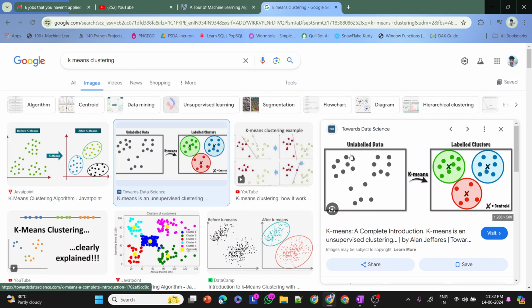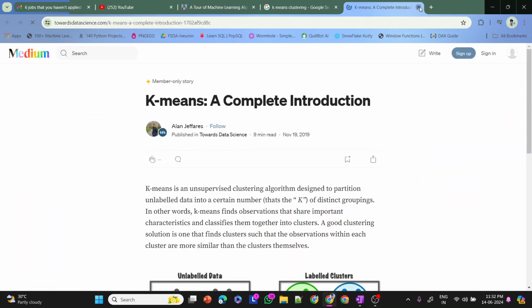We can see that this is unlabeled data, but it does not have proper clustering. We do not have a clustering function.